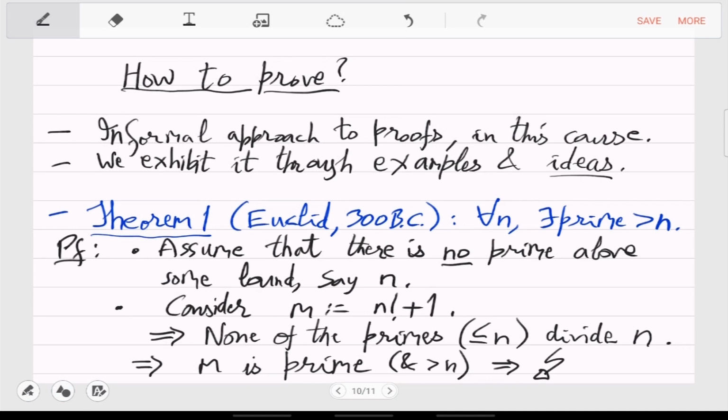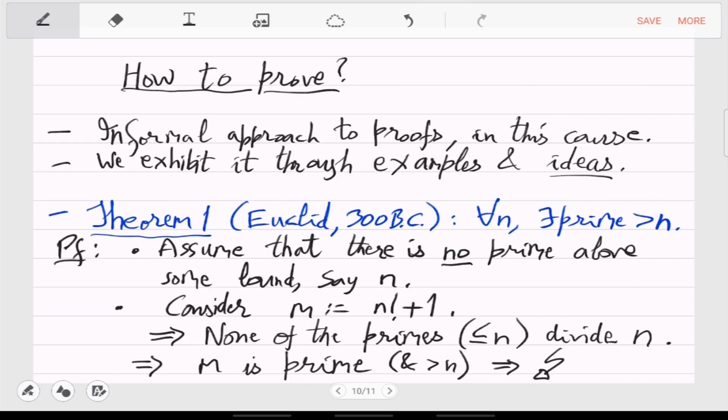Okay, so I'll use this notation for contradiction. It basically depicts that lightning has struck and math is destroyed. But that cannot happen. Math is believed to be consistent. So if you reach a contradiction, then it only means that you made a wrong assumption, because all the intermediate steps were correct.